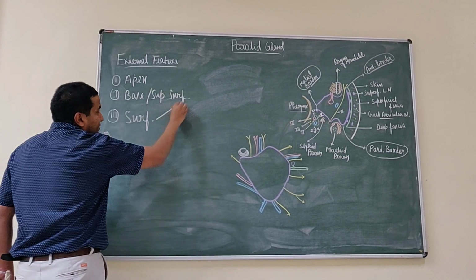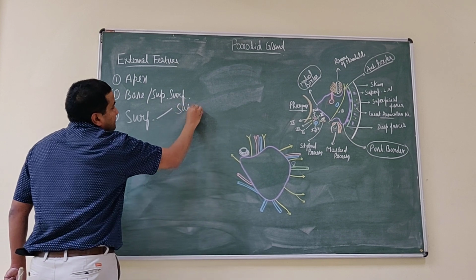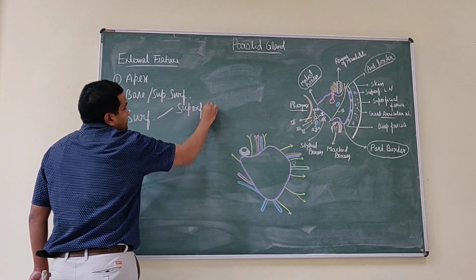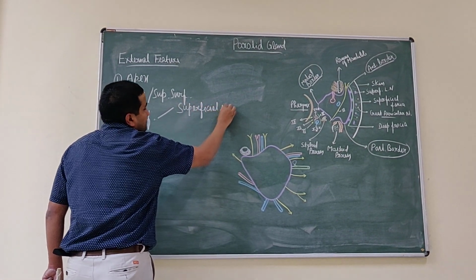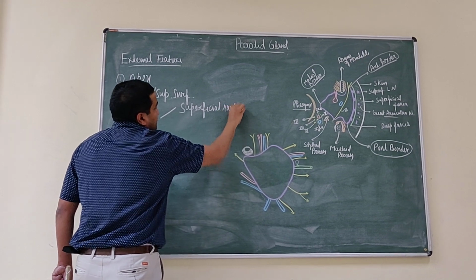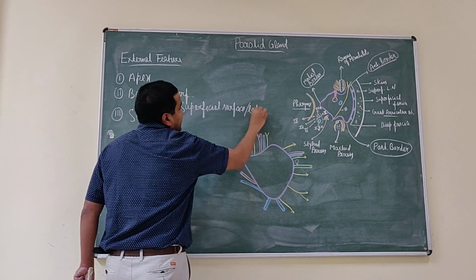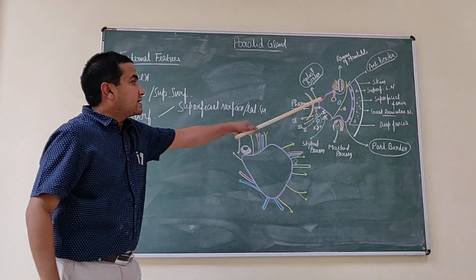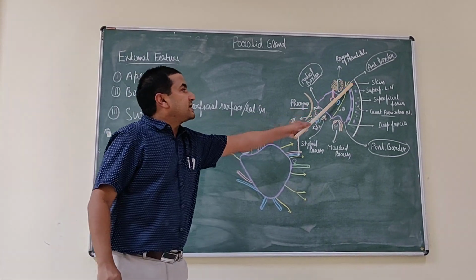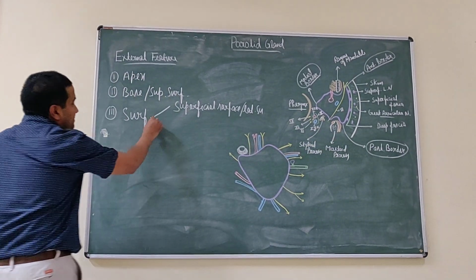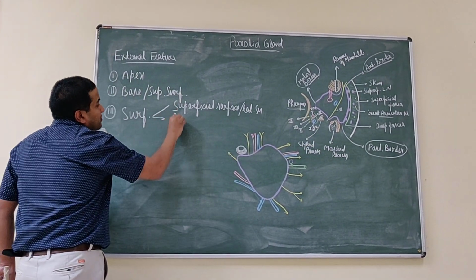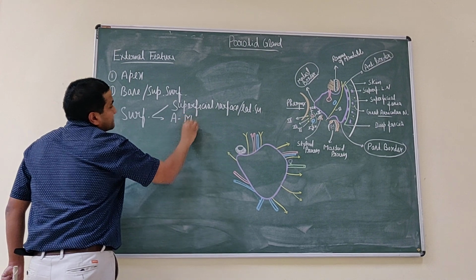That is the superficial surface, also known as the lateral surface. In this diagram, this is the lateral surface. Then the anteromedial surface.